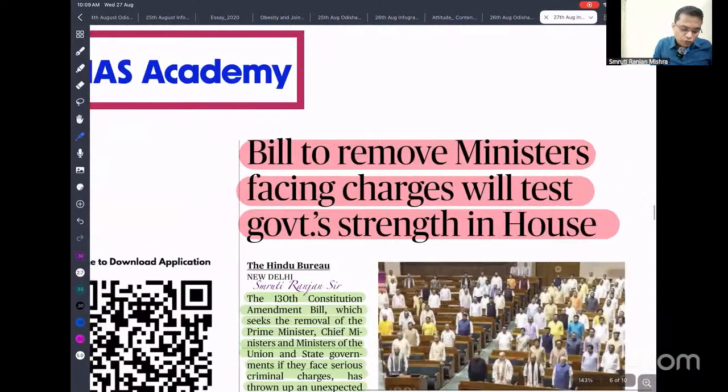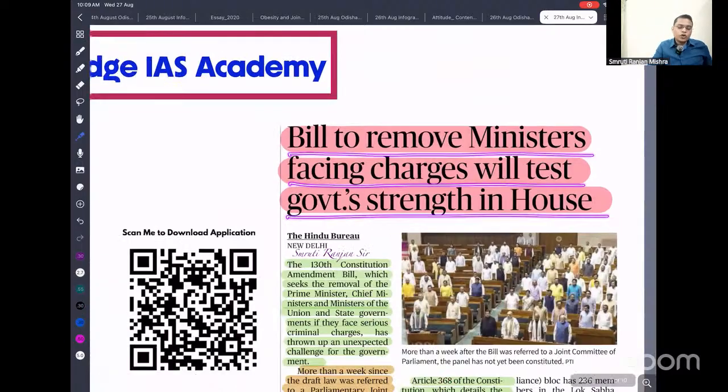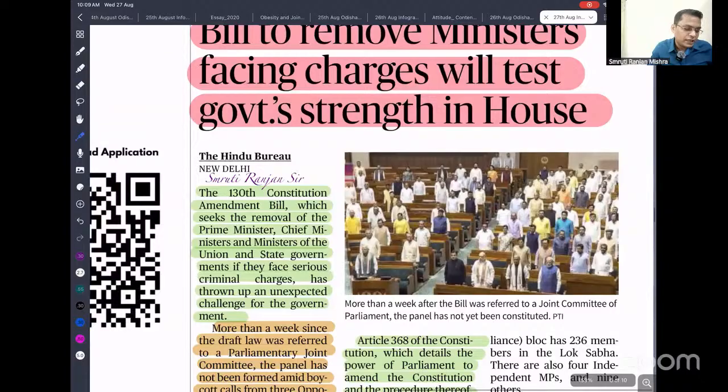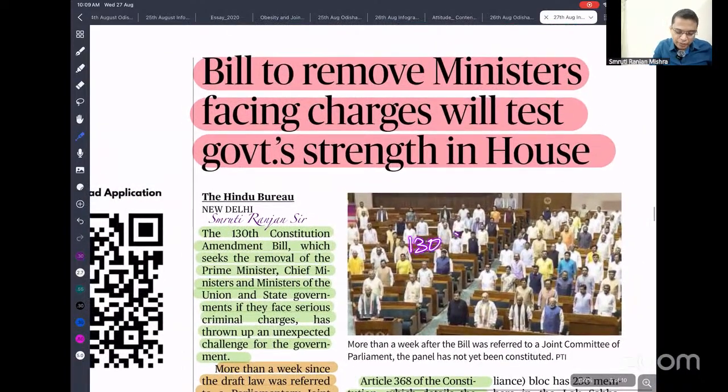So the bill to remove a minister facing charges will test the government's strength. To make any sort of constitutional amendment, this bill, that is the 130th amendment, aims to remove the Prime Minister, Chief Minister or council of ministers if they have been jailed for more than 31 days in a crime that provides a penalty of more than five years. Article 368 provides for constitutional amendment.